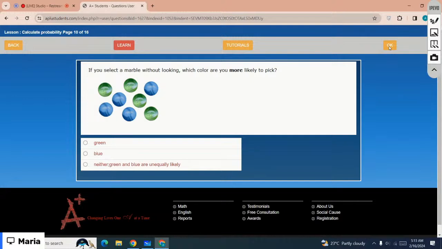The next one is, if you select a marble without looking, which color are you more likely to pick? Which is the correct option?